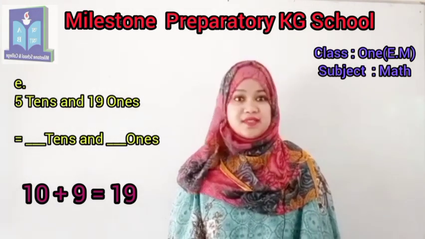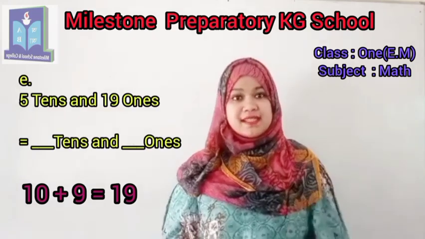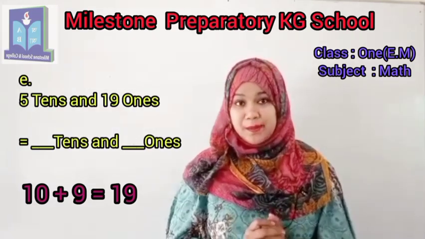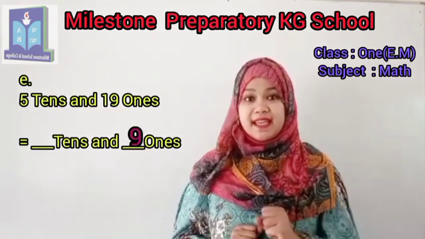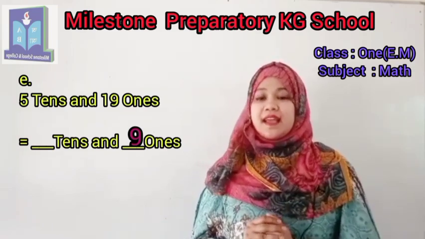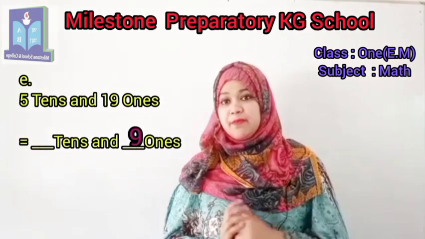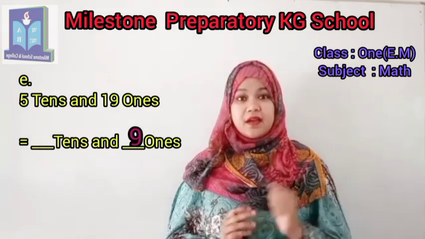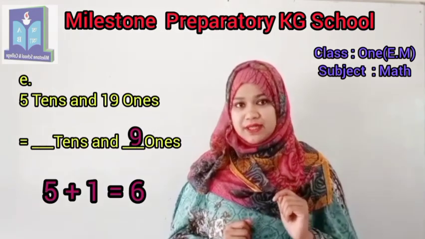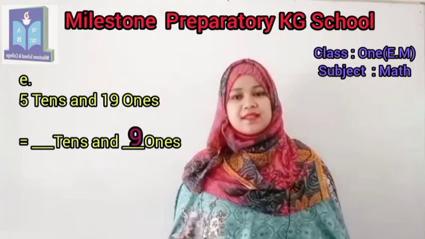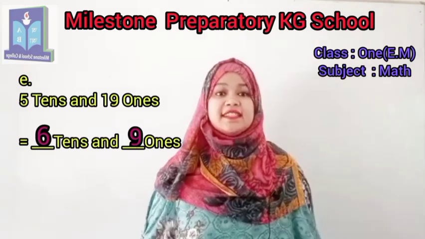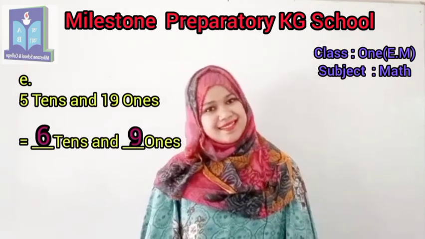So how many tens do we get? 1 tens and 9 ones. We have to keep here 9 ones and we have to take 1 tens. And previously we have 5 tens. 5 tens and we get here 1 tens, equal to 6 tens and 9 ones.